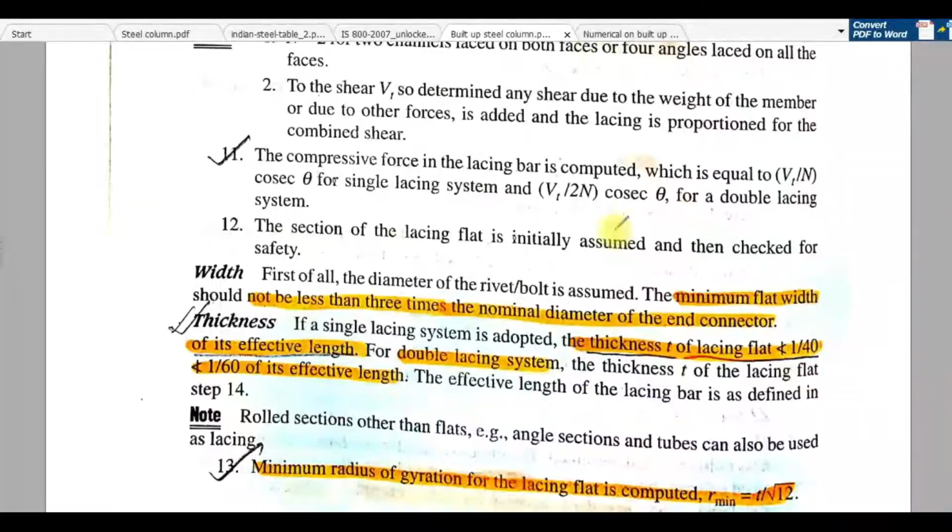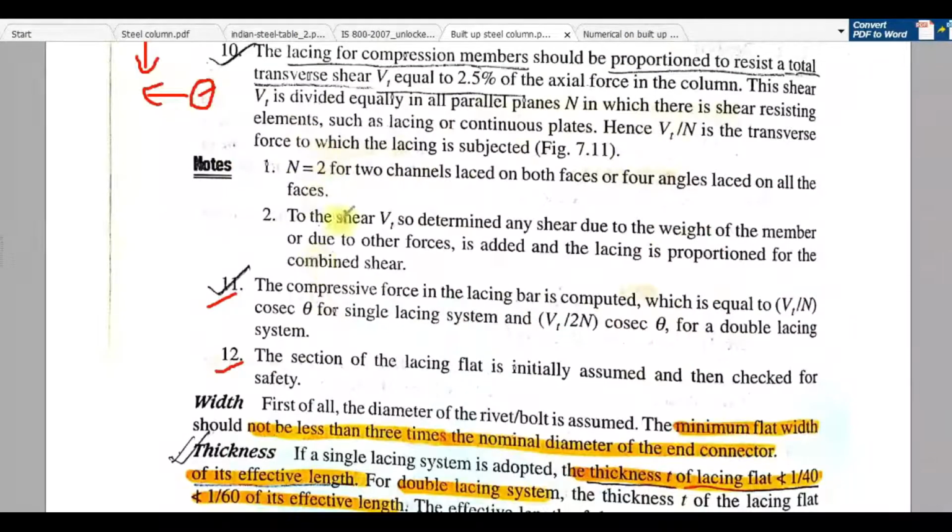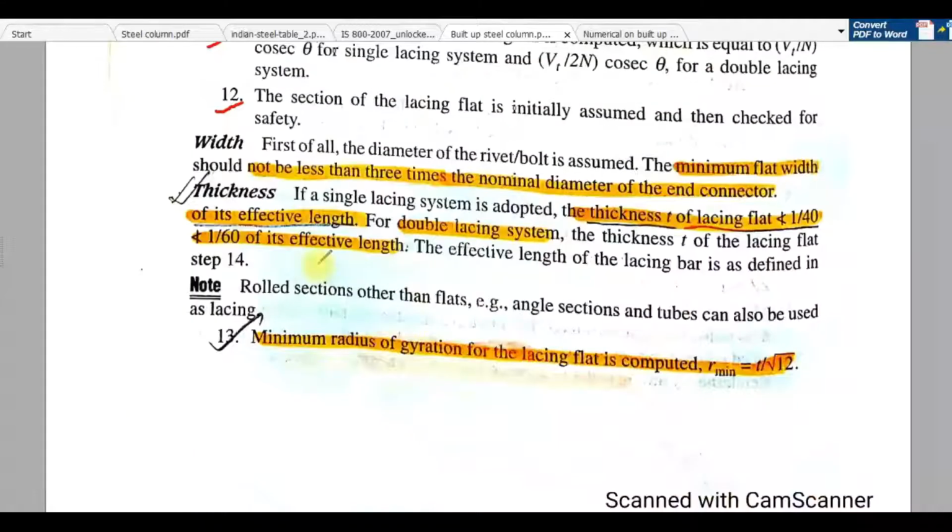Here initially it is assumed that the lacing flat is safe, and then we will check whether it is safe or not. So this is step number 12. I have described number 11 in the picture, and you can read it. You have the PDF. Then what will be the width of this lacing bar?